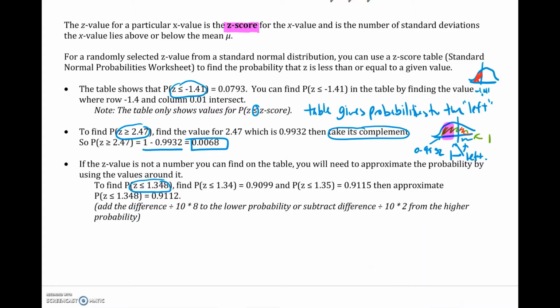So going back to our notes, sorry, I keep flipping back and forth, we're going to find those two boundaries. So we can figure out Z is less than 1.34, which is what I just showed you earlier. But we can also look at the next one over because 1.348 lies between 1.34 and 1.35. So I have my lower boundary, which is 0.9099.